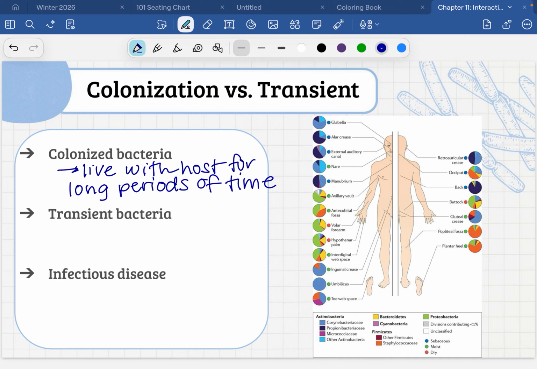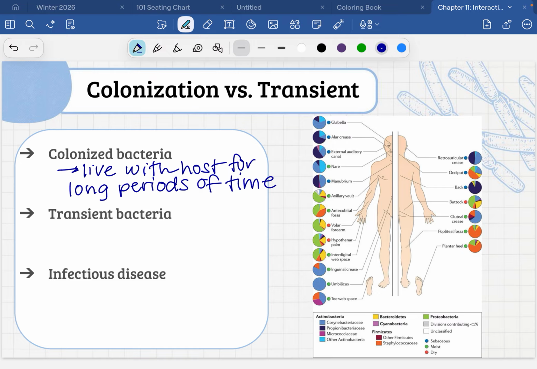Most of us in this room are going to be colonized in our gut with Escherichia coli. Almost all of us will have E. coli in our guts. It lives inside of our guts almost our entire lives. So that is a colonized organism, something that becomes a part of our environment for a long period of time.